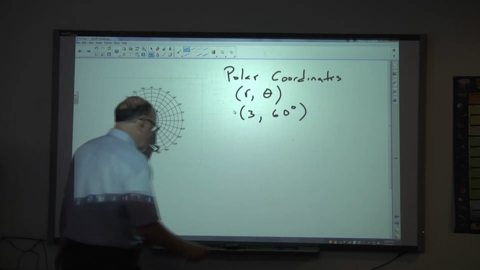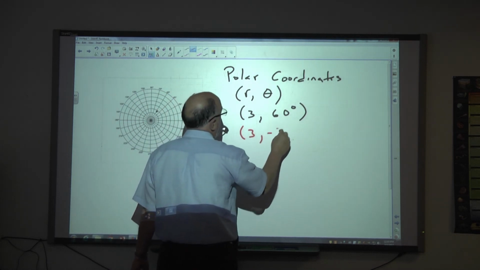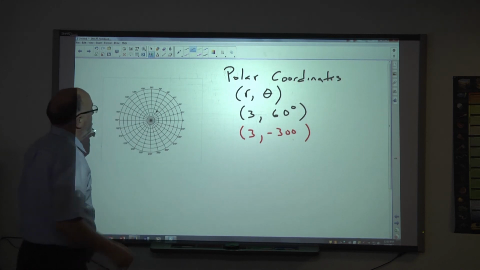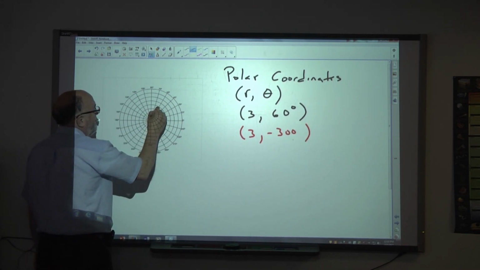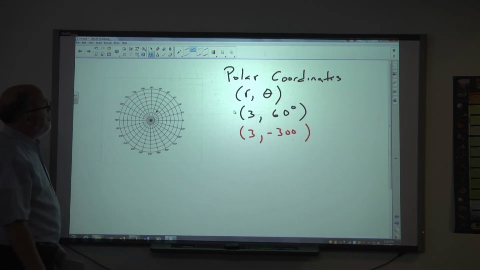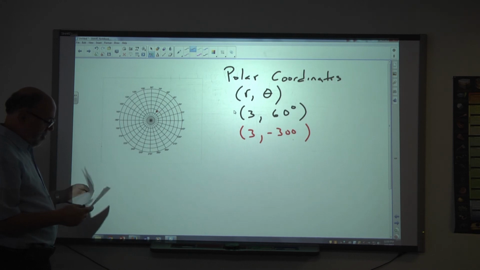And if I wanted to plot the point 3, negative 300, well, circle 3, go negative 300, it would also put you right there, okay? So in polar, you can actually end up at the same spot multiple different ways.